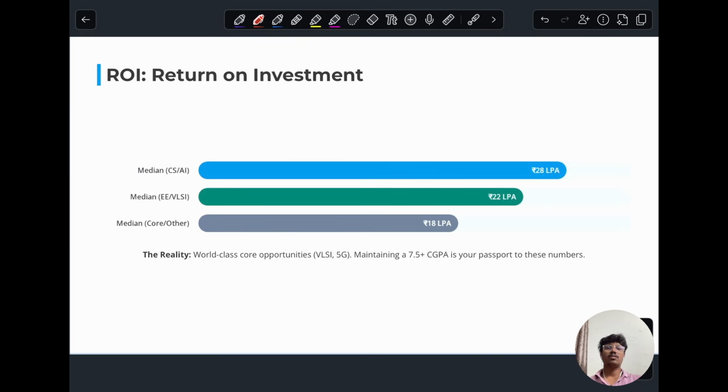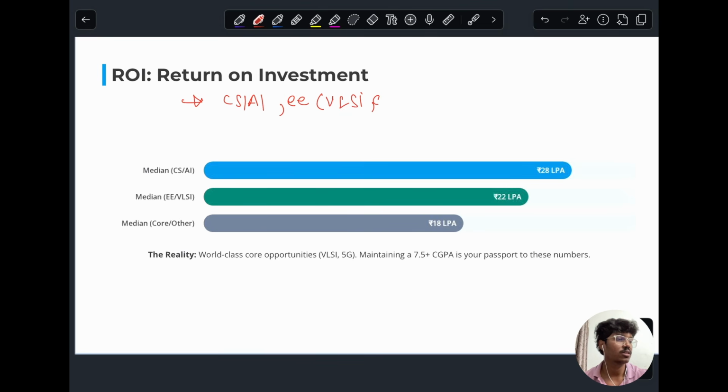So now the main question that occurs: should you put your investment in an M.Tech degree? My answer would be, it depends on your branch. If you're coming from CS, AI or EE, VLSI, CSPL, I think it is 100% worth it to put your investment, even as an SS, a self-sponsored category student.